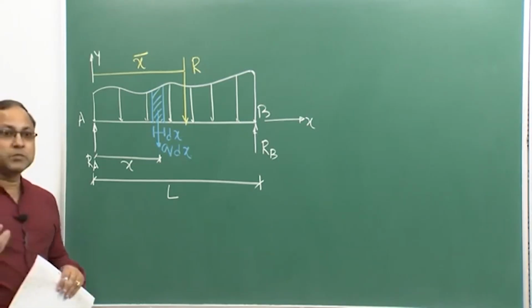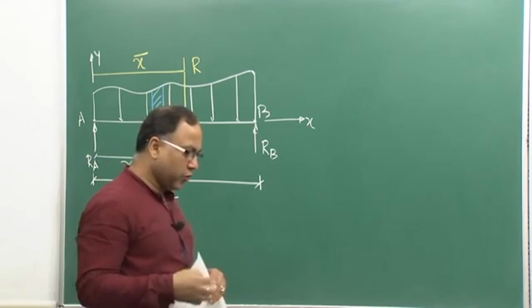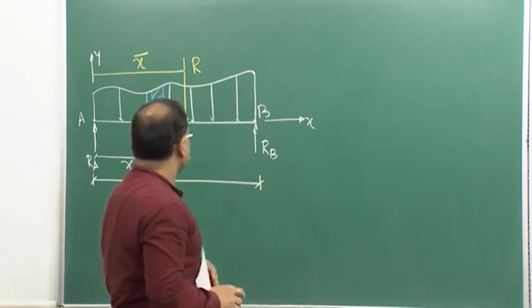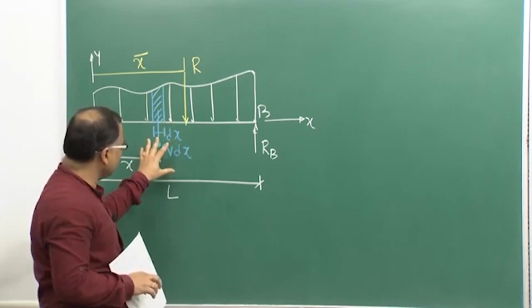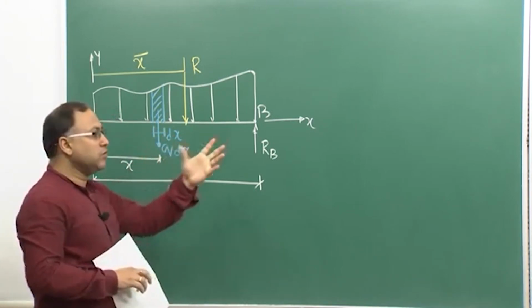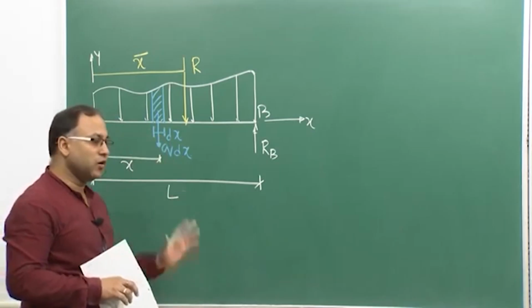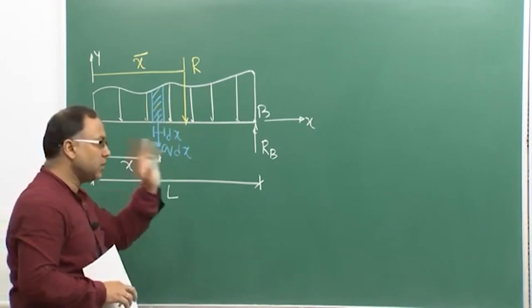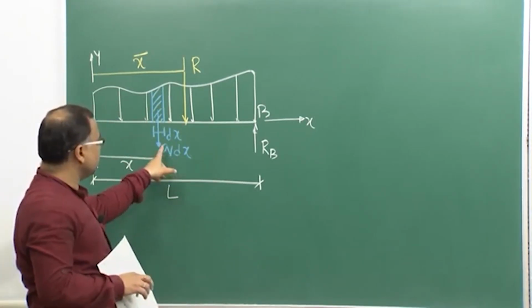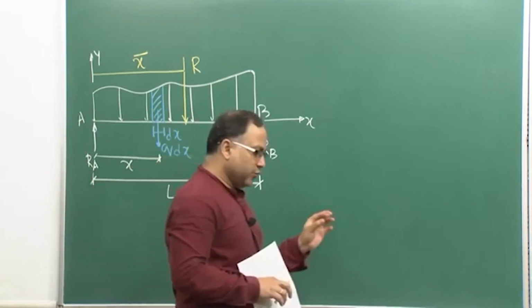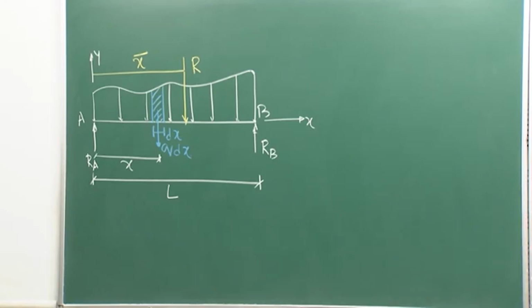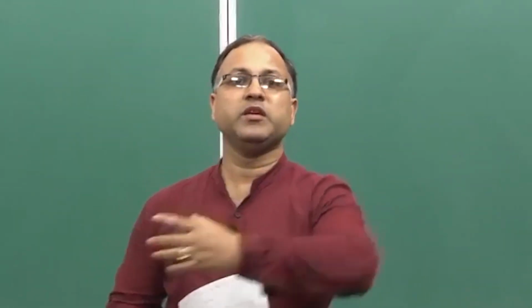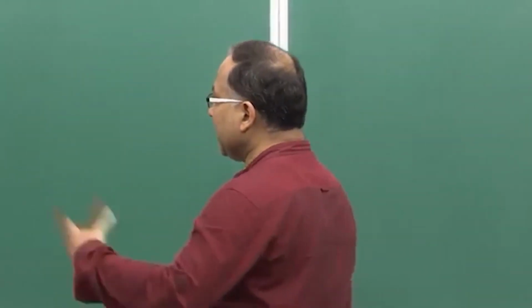Now, what is my objective? Instead of considering the concept of the distributed load, the way we solved the last problem, if you recall, the triangular distribution load, there we considered a small element and the load intensity multiplied by the small length, which is nothing but a concentrated force, and that was integrated over the whole length. We did like that, right.